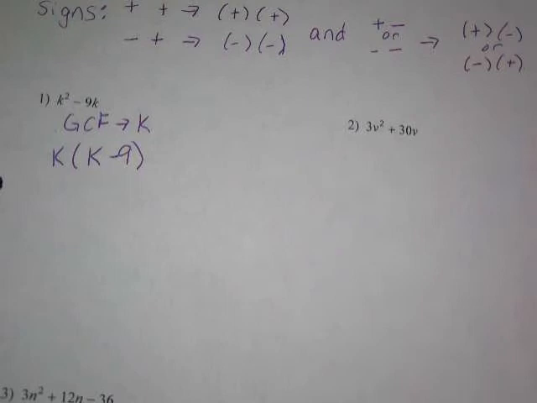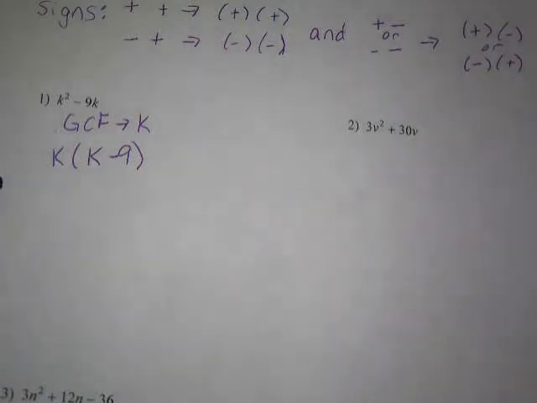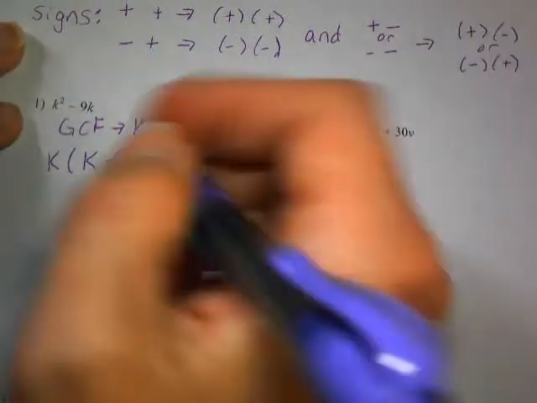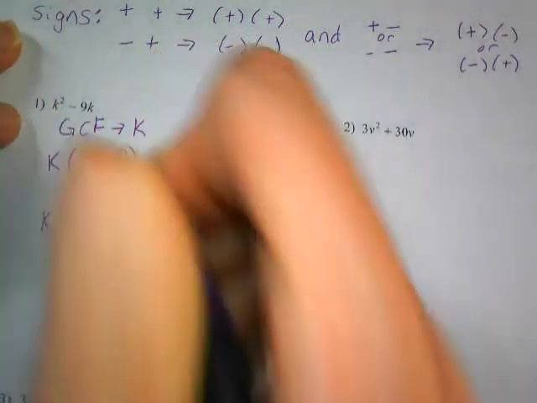I'm trying to remember what we did yesterday. On the lesson yesterday, I was not actually showing the dividing. So we're basically dividing out a k here.